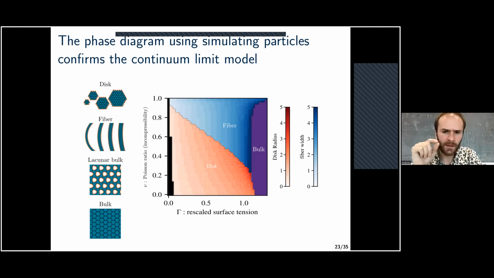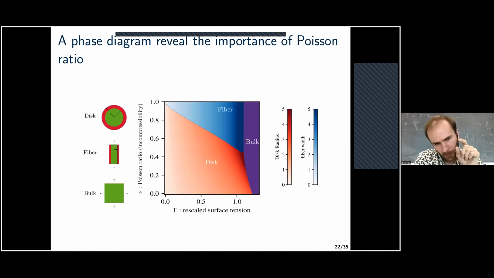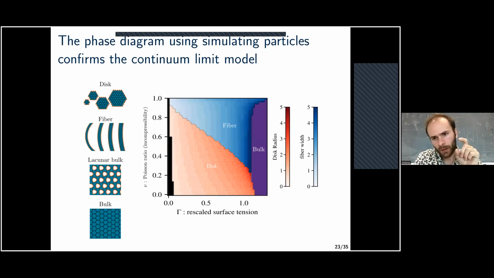And the second thing that I think is important on this phase diagram is that if you look, I'm just going to switch between the first and second phase diagram, you see that the fiber region is actually much larger in the case of the particle system. One of the reasons for that, we think, is that the fibers I'm presenting on the left-hand side are bent. The bending is due to the fact that the individual particles are threefold symmetric, but they don't have left-right symmetry, and so that creates this bending, which turns out to be an additional mode of deformation.